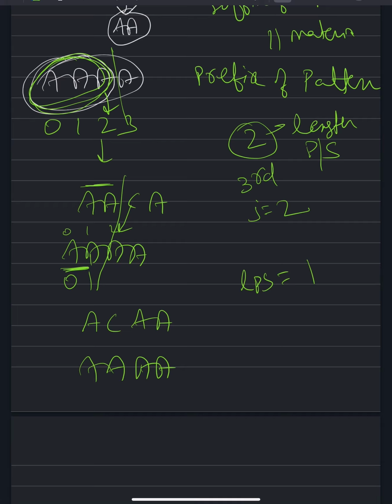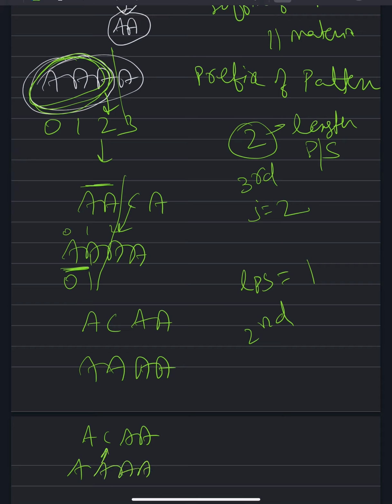What does this mean? It means the largest prefix suffix is of size 1. So we will check for the second element. It's ACAA against AAAA.